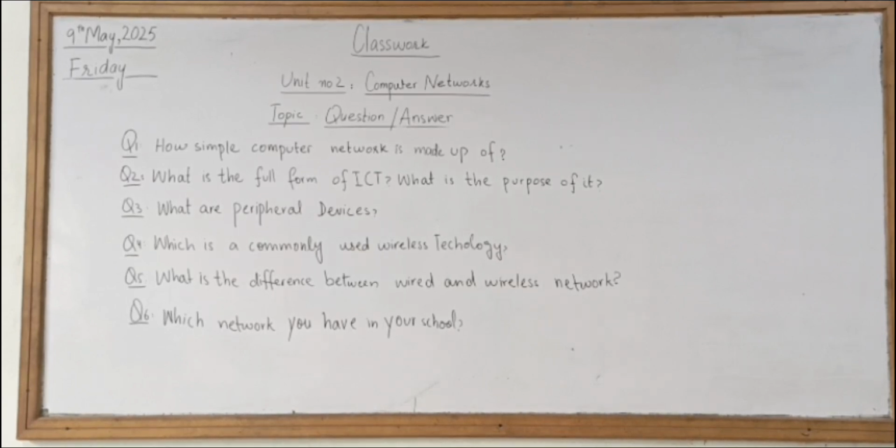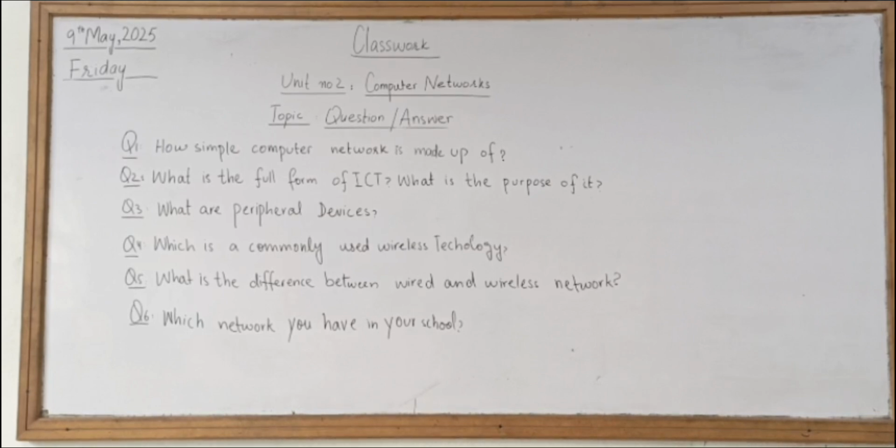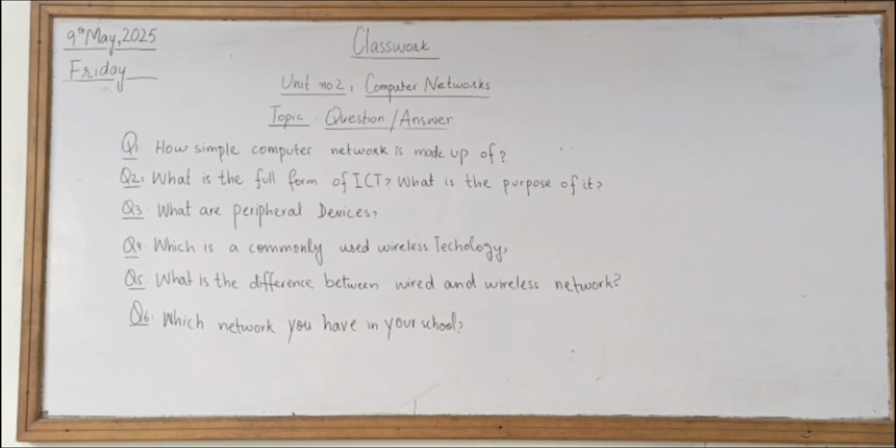Okay, they are the technology or devices, networks that are not using any kind of wires, they are using radio waves to communicate or connect the devices with each other. So the question here is which is the commonly used wireless technology. So the commonly used wireless technology is Wi-Fi, that everyone is using in your homes, schools, colleges, and for doing your homeworks.